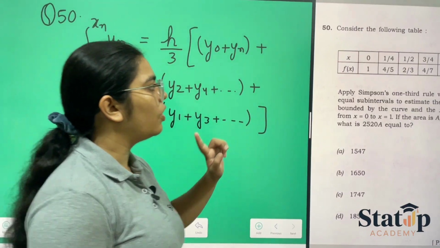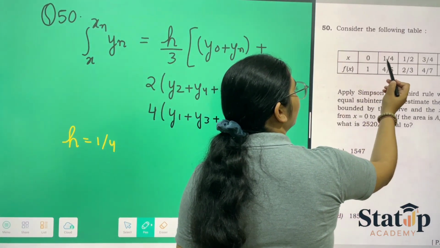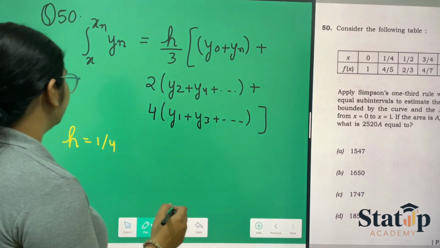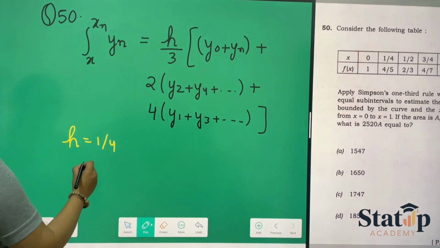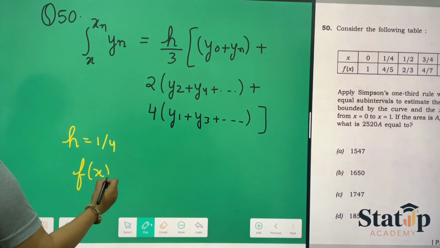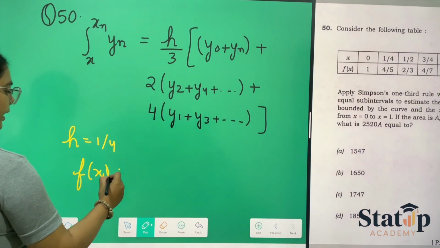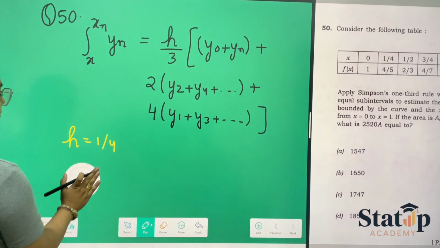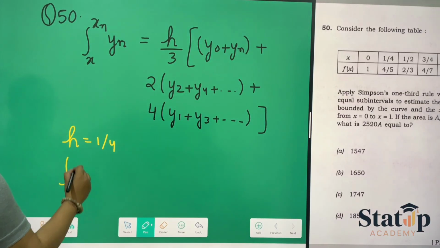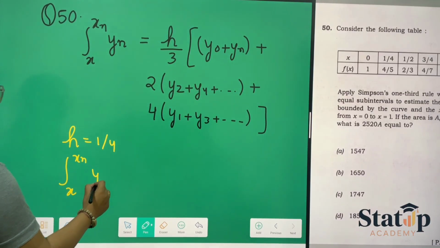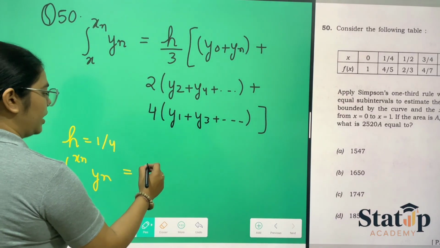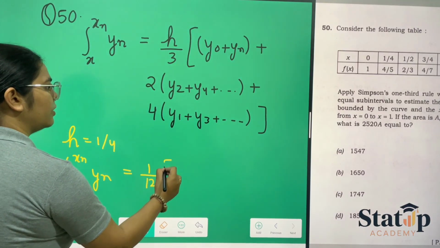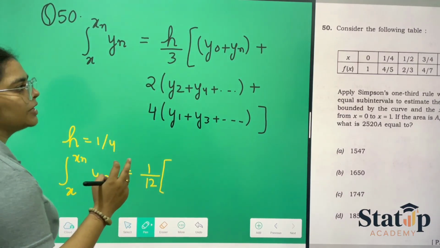and the even and odd terms, this is y0, y1, y2, y3, y4. So our formula reduces to integration of f(x) from x0 to xn is equal to h, which is 1 by 4 into 3, 1 by 12 into y0 plus yn.